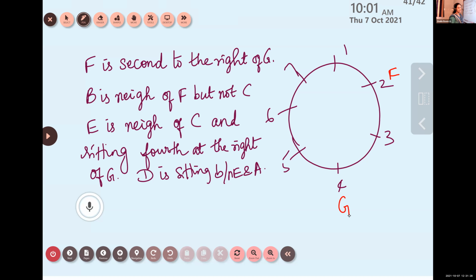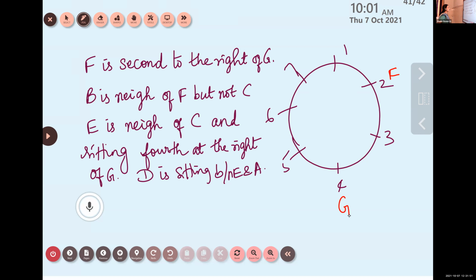If you take G, G is facing inside. So if you imagine, we'll be at the right side, second right side, it is F. So the first point we have filled.